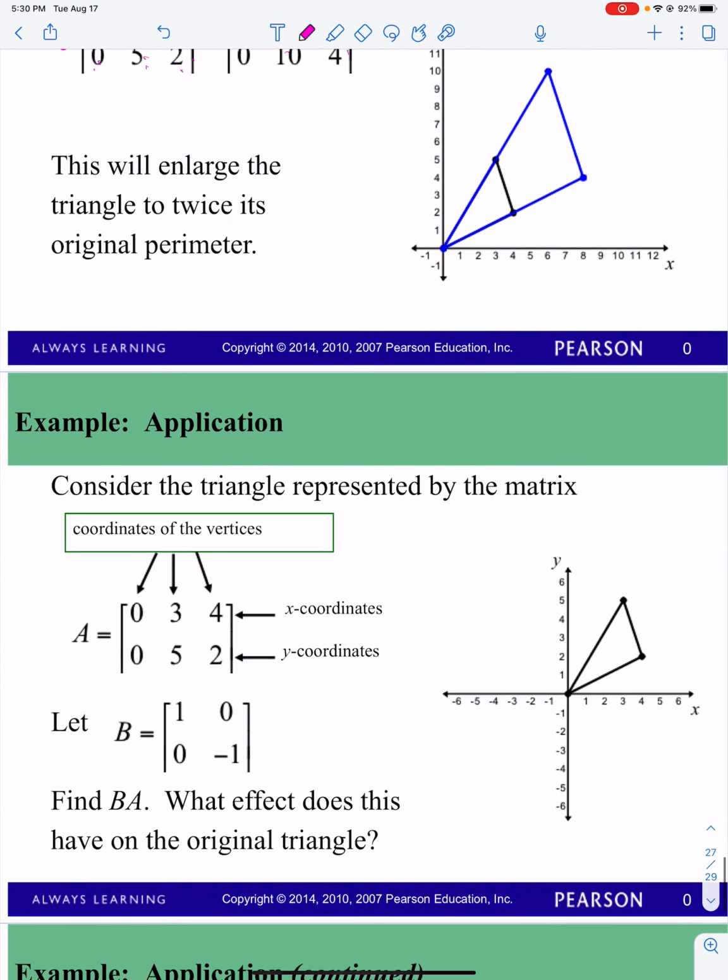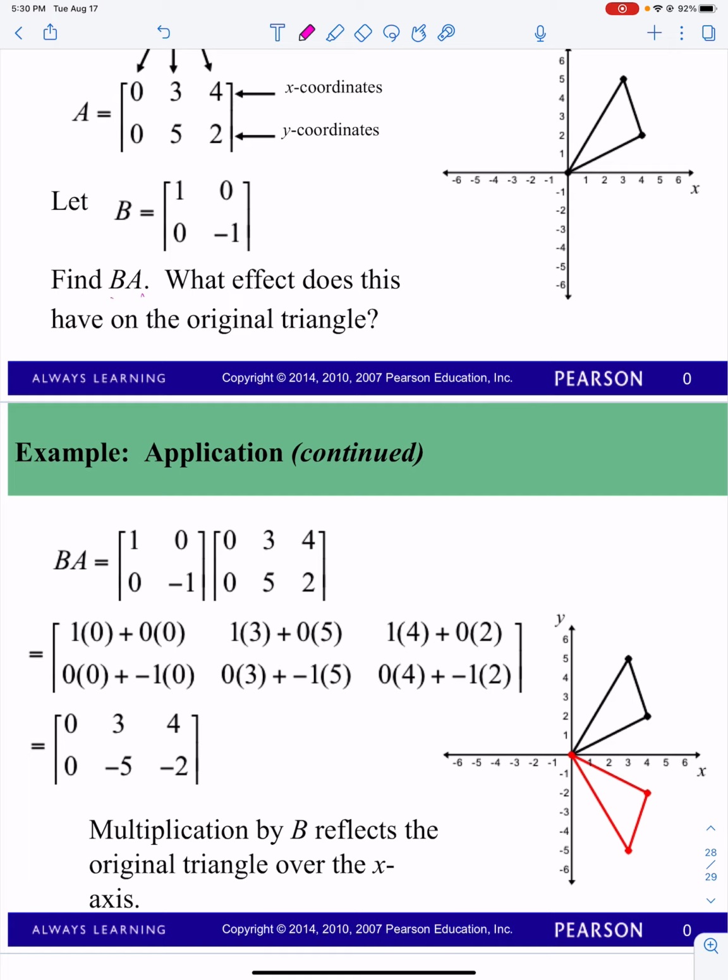Okay, so then the last one. We want to find B times A, yeah? When you do B times A, what did you notice? It's a shift of the matrix. So what will be the multiplication by this matrix B?